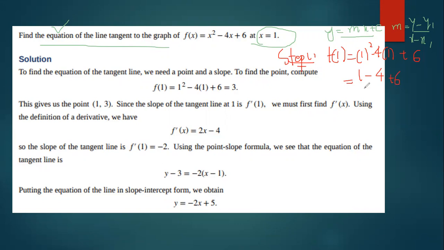So 6 plus 1 is 7, minus 4, equals 3. Step 2: we are given the point. The function value f(x) equals y, so at x equals 1, my y value equals 3.